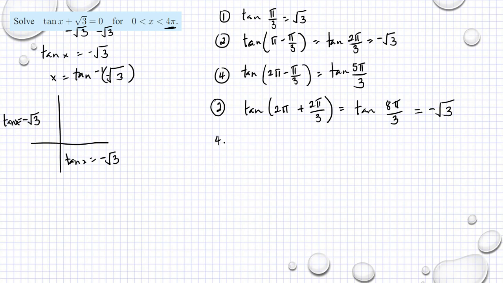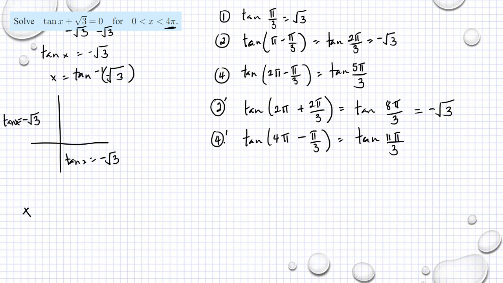And then for the fourth quadrant, another one, I can mark it like that so that we know that this is the second revolution. Then we have tangent of 4 pi minus pi divided by 3. Then we have 12 minus 1, and then we have tangent of 11 pi divided by 3.